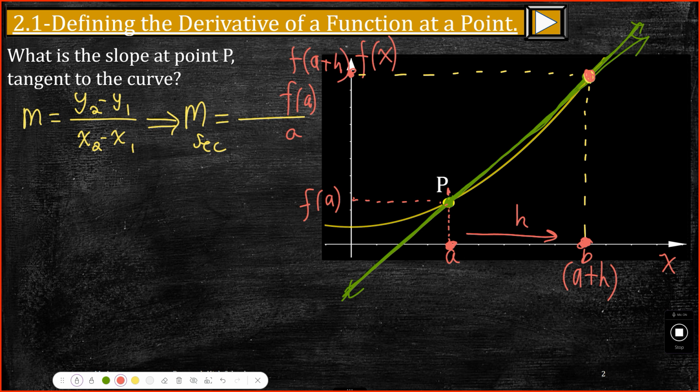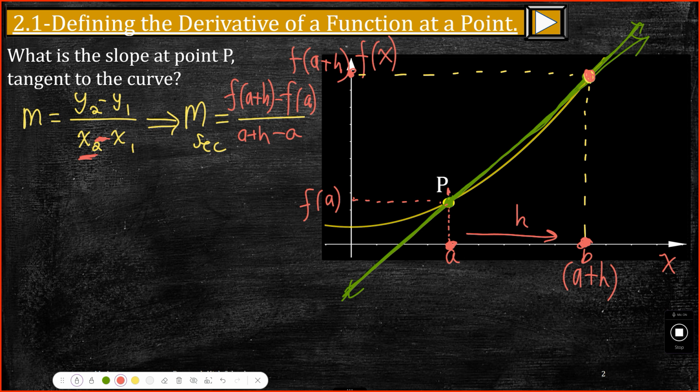If that is true, then we can substitute in for x2, which represents B, which represents A plus h. So this is going to be A plus h, and then we subtract the A. And at the top, the output is f of A plus h minus f of A.